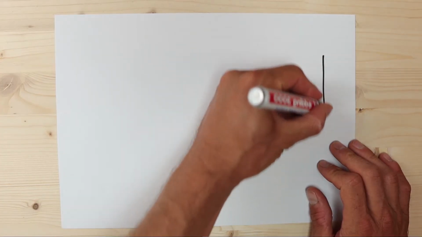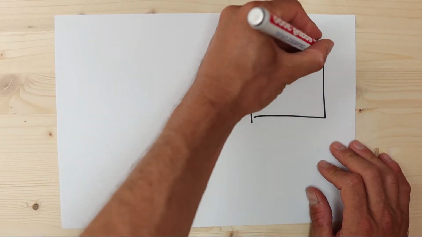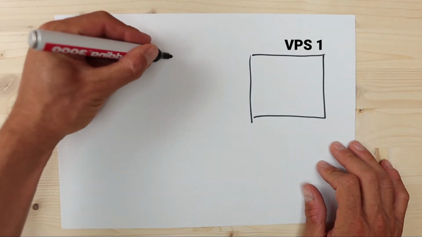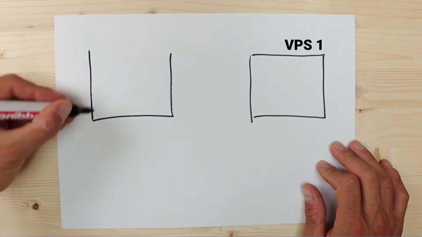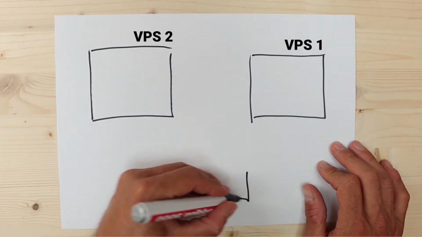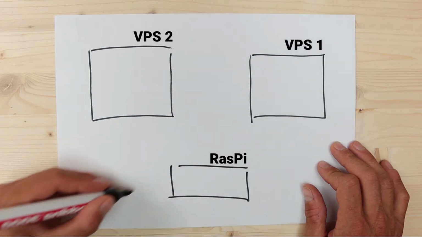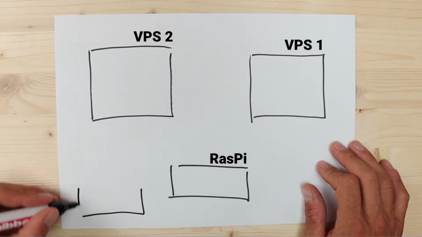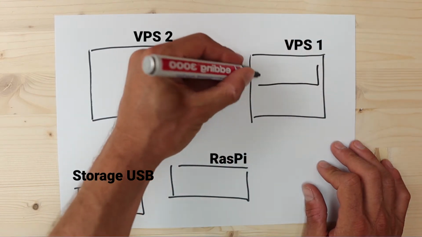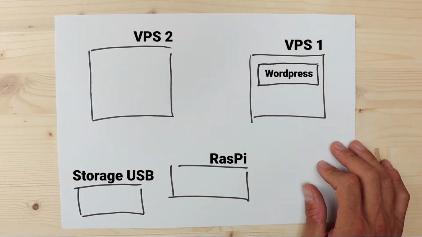So I have a VPS where I have the WordPress website, Mitui. Then I have another VPS where I have my Gogs and my cloud and everything accessible by personal users. Then I have at home a Raspberry Pi, and I have a USB storage unit connected to my Raspberry Pi. And this is how the backup works.